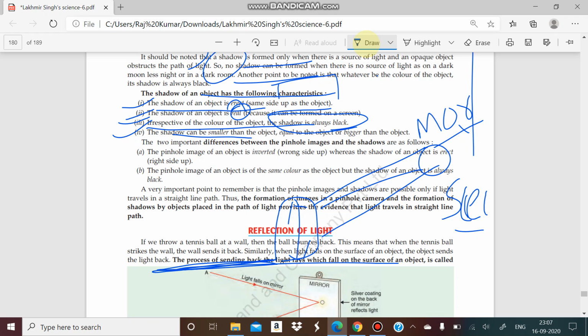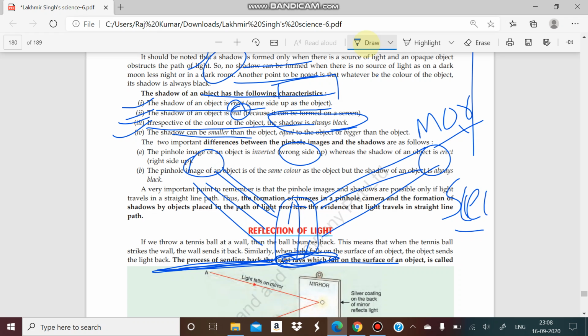At noon, the sun will be placed at the top of our head, so the size of the shadow will be smaller. We have seen at noon the shadow appears just at our feet. But in certain cases, suppose the sun is present here and sunlight is coming from there.